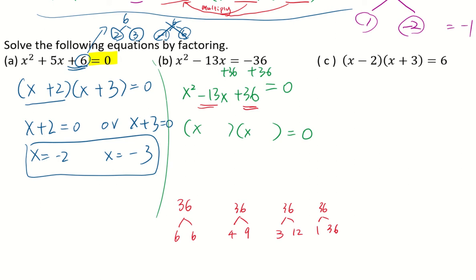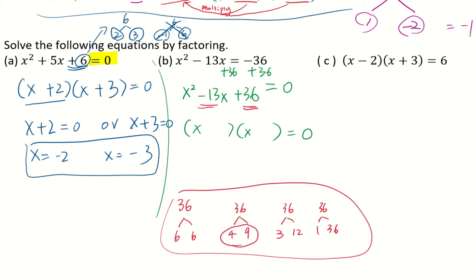So let's look at all the combinations we have here. Which two numbers will add up to 13? Well, it will be this combination, right? 4 plus 9 is 13, and they're both negative. -4 and -9 add up to be -13. So the two numbers we're looking for are -4 and -9.